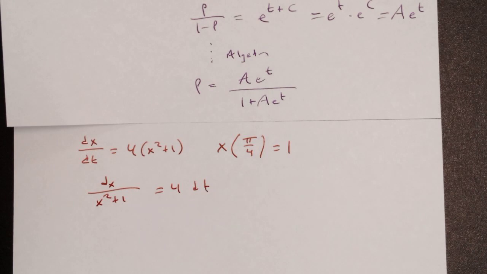That's separated. Let's integrate. It's the integral of 1 over x squared plus 1. I don't have a 2x to do the u substitution to make that work. I don't have a 2 either.